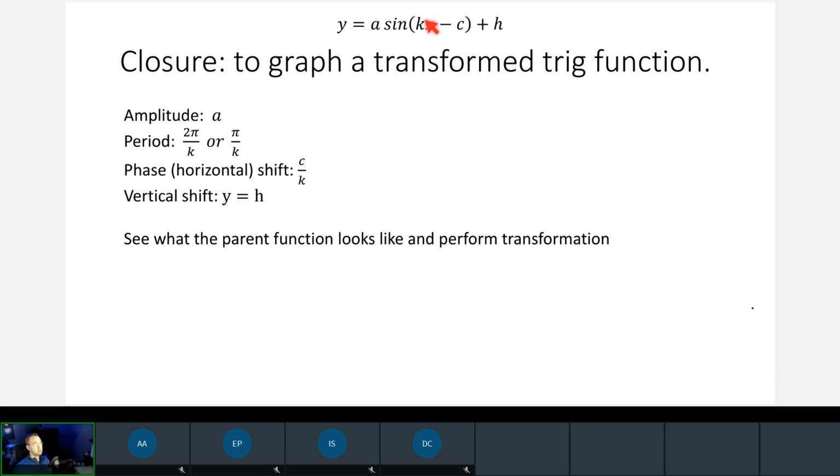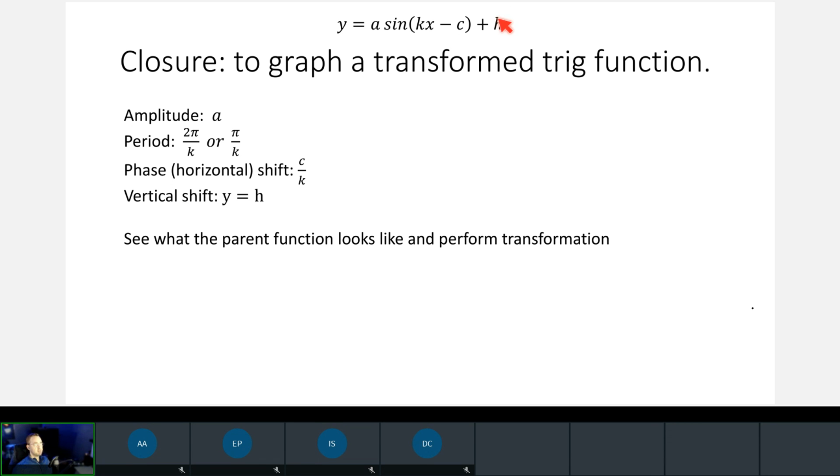Your phase shift is, this is important too. If you have a coefficient other than 1 in front of this x, for your phase shift, you have to take this constant here and divide it by the coefficient k. So that's important, just like on the last problem that we did. And then your vertical shift is all dependent on what this is, whether it's plus or minus.